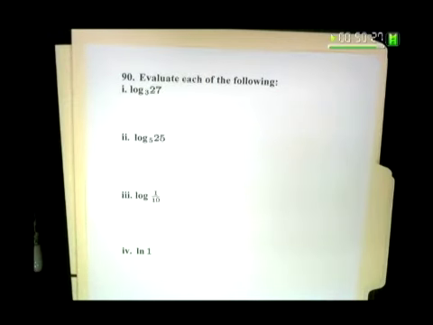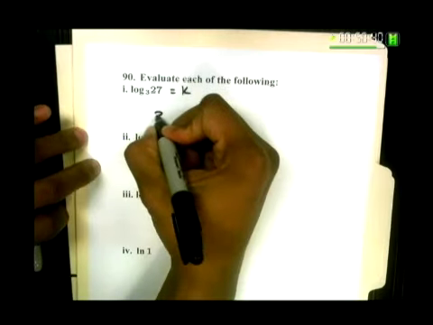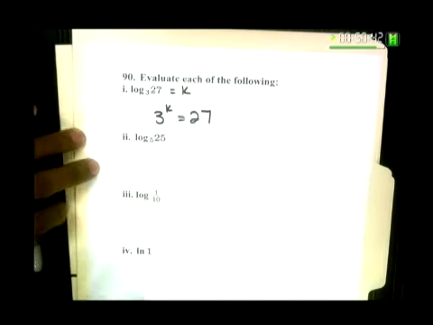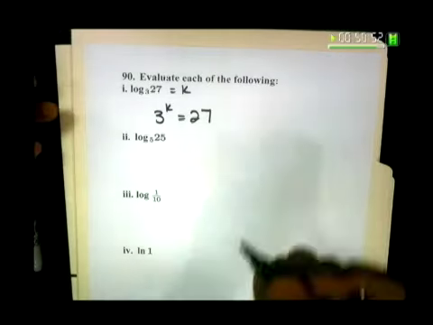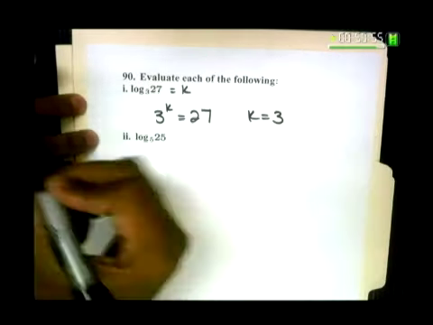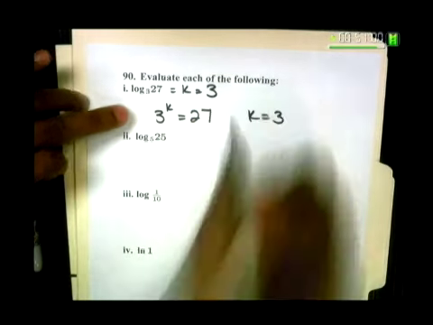Here I'm looking for the value k such that 3 to the k is equal to 27, because I know the relationship between the log function and the exponential. What would the value k have to be? 3. So in this case, log base 3 of 27 is equal to 3.